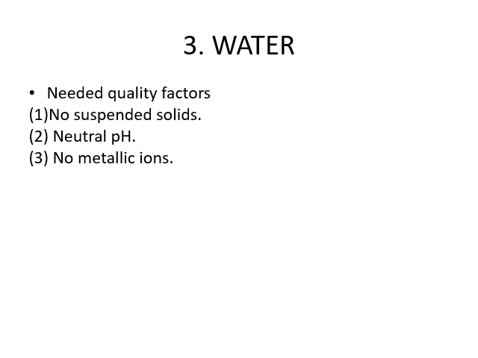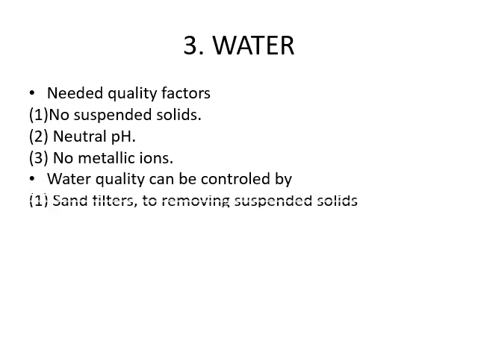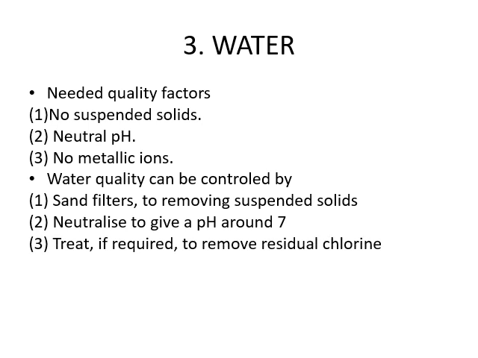To get consistent good quality of water, the following precautions are to be taken. Sand filters to remove suspended solids so the fiber surface can remain absorbent. Neutralize to give a pH around 7 for controlled reaction during pretreatment and dyeing. Treat if required to remove residual chlorine, which becomes essential when rinsing of water is reduced to minimize water consumption.